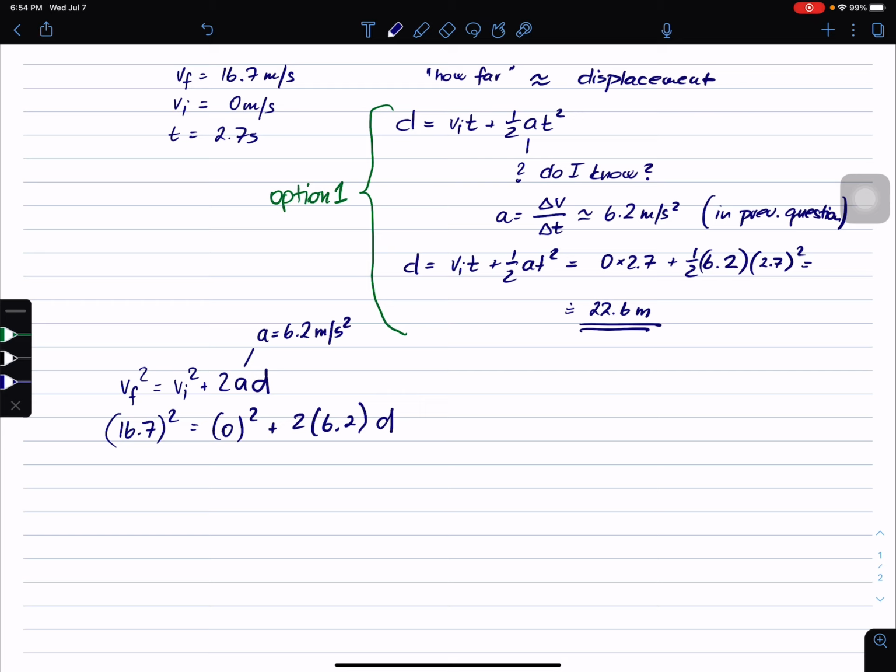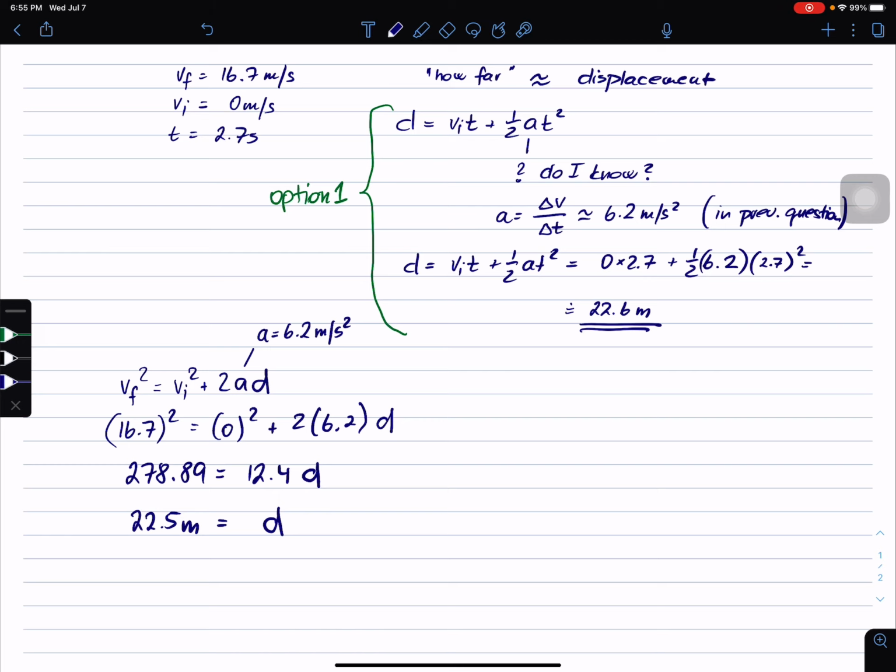So 16.7 squared would be 16.7 times 16.7, which is 278.89, equals 12.4 times d, and d would equal 278.89 divided by 12.4, which is 22.5 meters.